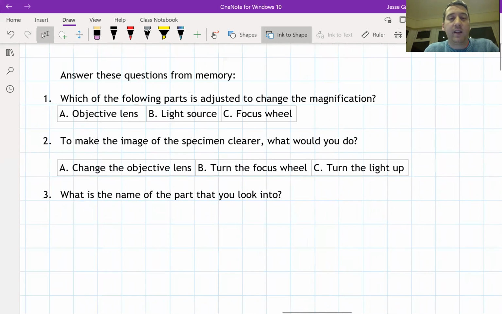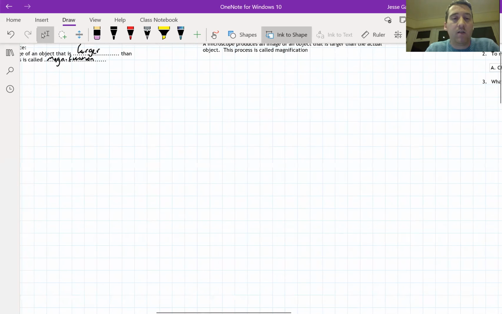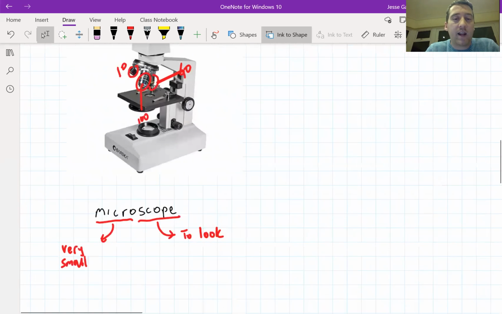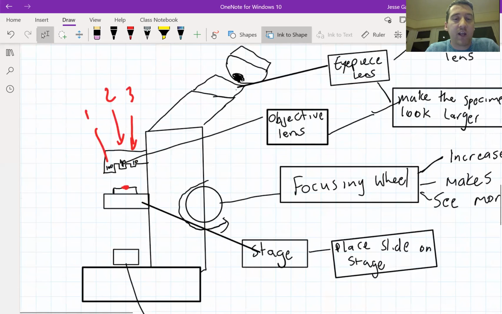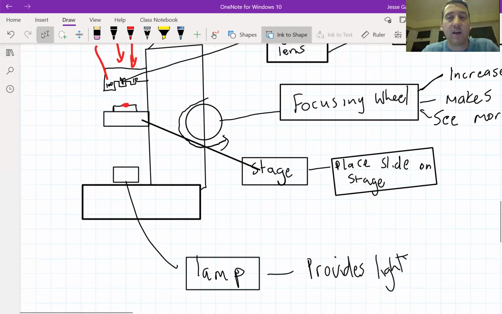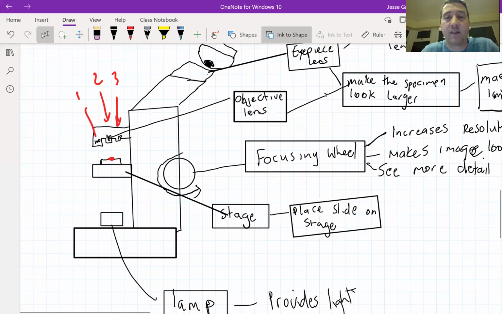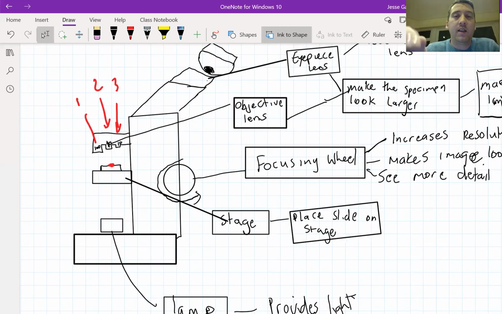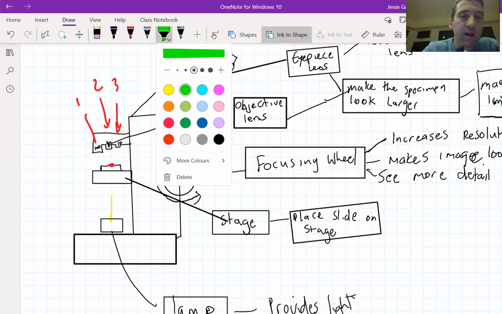The last little bit we're going to do now is look at the actual magnification and how it works. Microscopes, as we said, have 2 lenses: the objective lens and the eyepiece lens. What happens here is light. I'm going to show light with the yellow highlighter. Actually, it's hard to see, so I'm going to choose green.